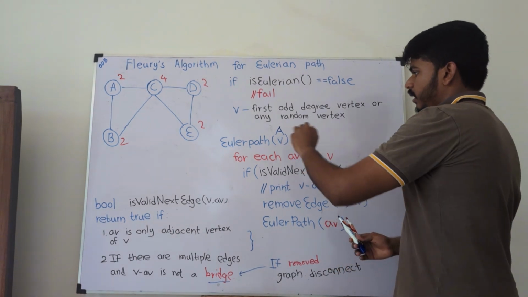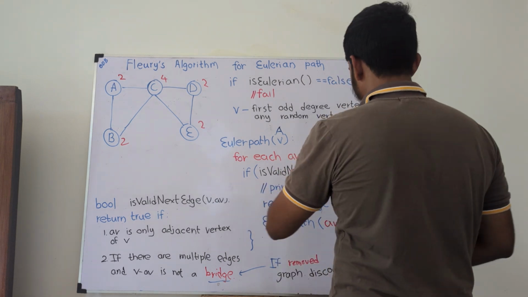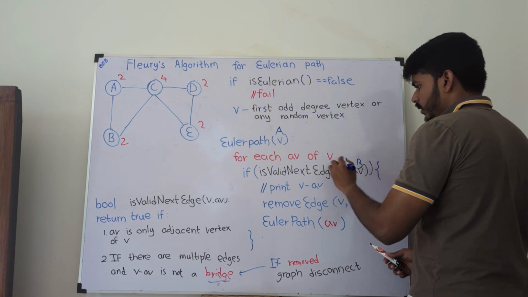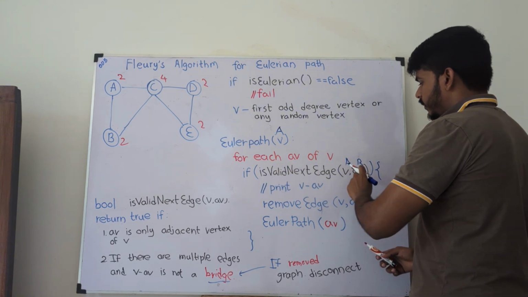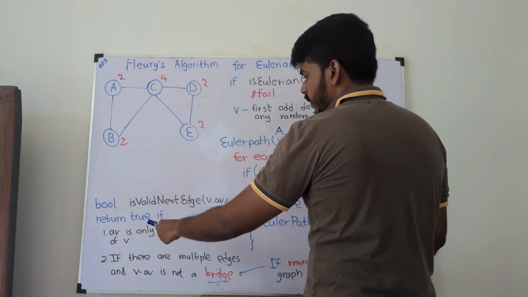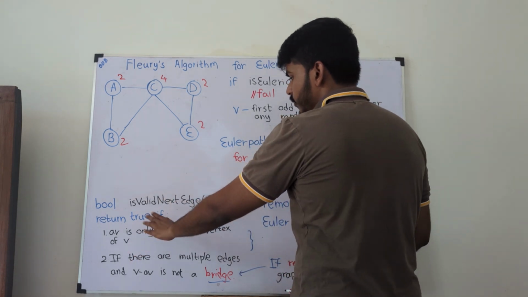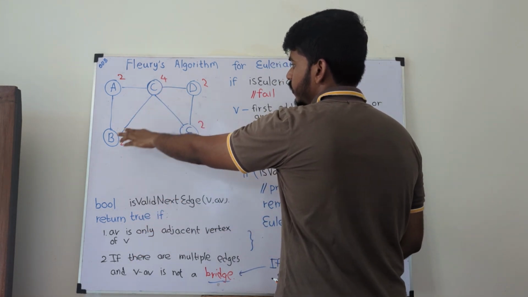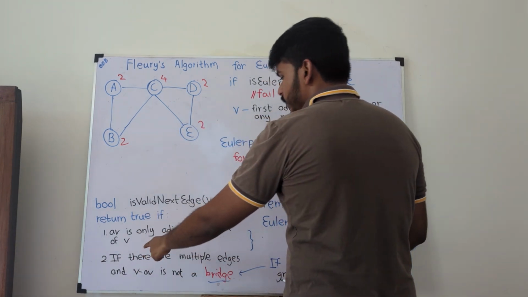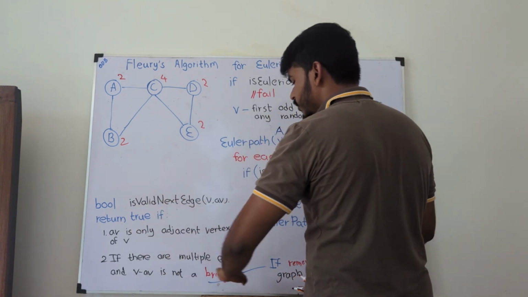So first, I have taken A. For each adjacent vertex of A, I am first going to take B. We check whether A-B is a valid next edge. First, checking whether B is the only adjacent vertex of A. Here it is not true because A has two adjacent vertices, B and C. Then going to the second condition, if there are multiple edges and the A-B edge is not a bridge.